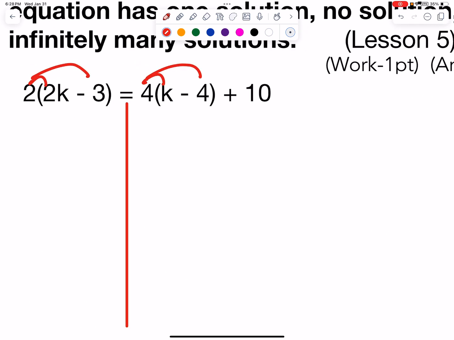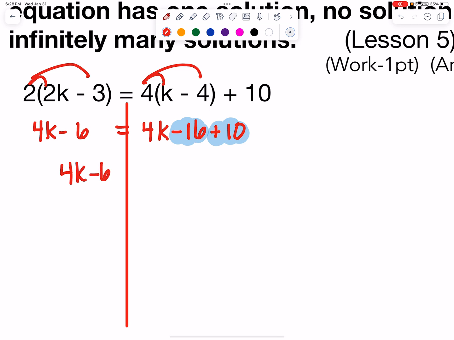Let's go ahead and see what we get. So we have 4k minus 6 equals 4k minus 16, because 4 times 4, plus 10, okay? I see I have some like terms, so I'm going to combine these like terms, and let's see what we get. We have 4k minus 6 equals 4k, and -16 plus 10 is minus 6.